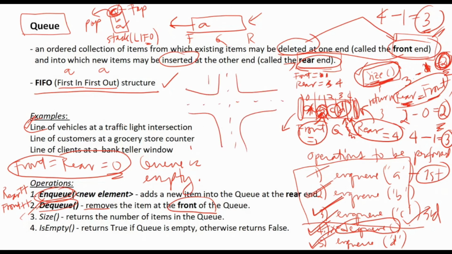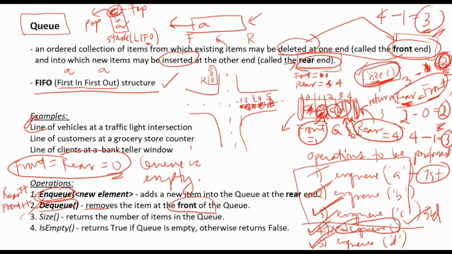We have here traffic lights. When it strikes red, the first vehicle will stop here. The next vehicle will stop here. The next vehicle will stop here. And this is the next vehicle. Another vehicle. Okay, so this is 1, 2, 3, 4, 5 vehicles in this queue.